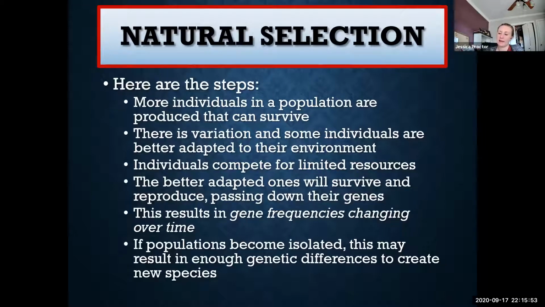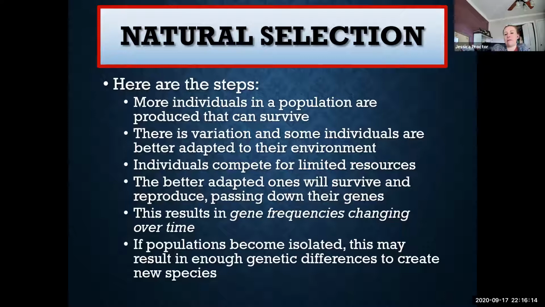What happens over time is beneficial traits end up increasing in the population and detrimental traits decrease. So this results in gene frequencies changing over time, which, as you remember, is the definition of evolution. Evolution is essentially the change or fluctuation in gene frequencies over time.